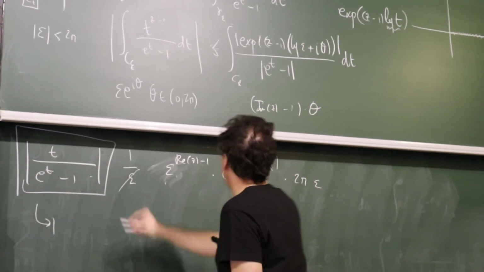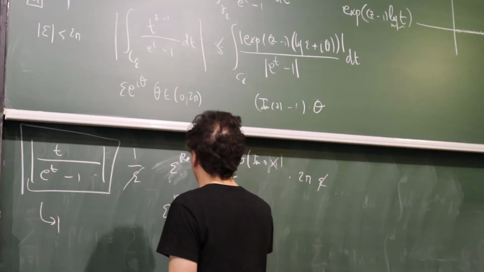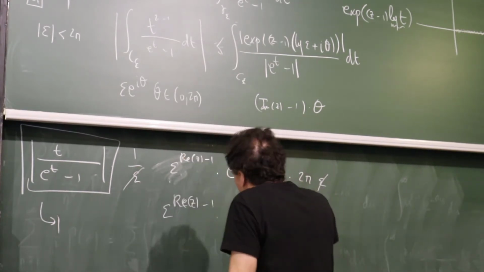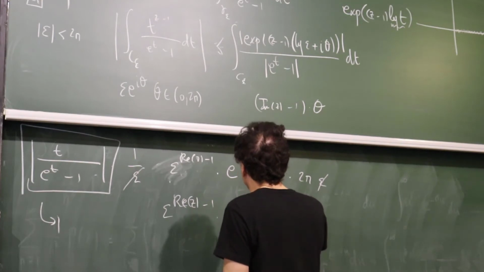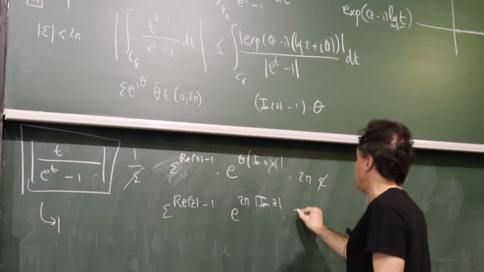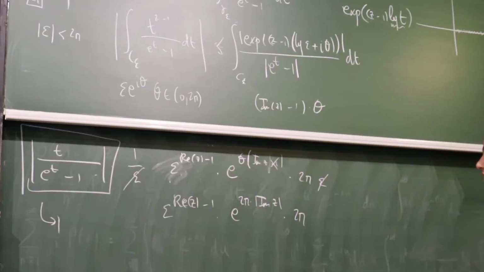Okay, we have some epsilon here, and this is epsilon to the real part of z minus 1, and here we can bound this by epsilon 2 pi, something like this. However, there are some things that need to be fixed. What is important is that when the real part of z is greater than 1, this tends to 0.